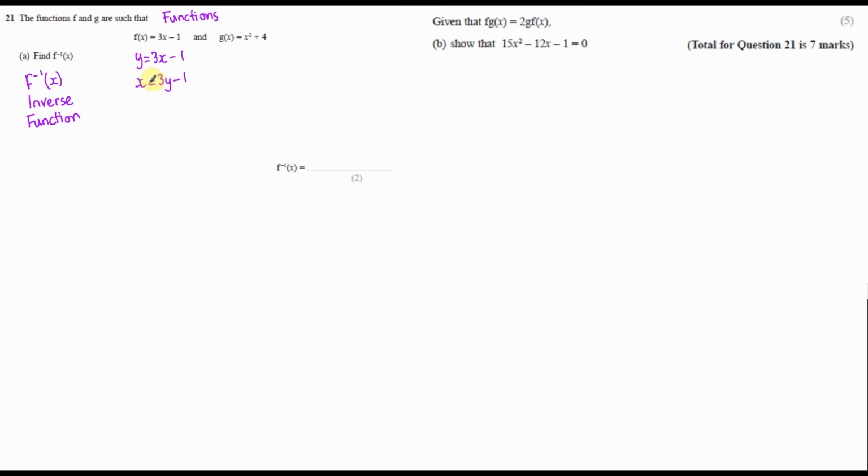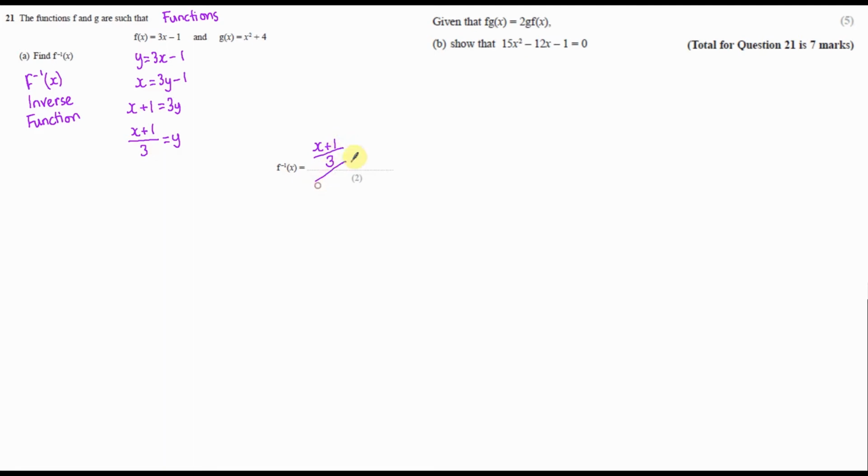So we add 1 to both sides, so you get x plus 1 equals 3y. And then to get y on its own, divide both sides by 3. So you get x plus 1 divided by 3 equals y. And in effect now we've found the inverse function, so that's x plus 1 over 3.